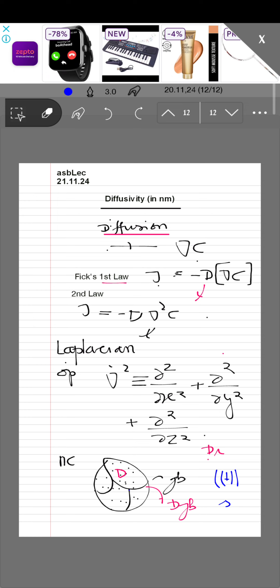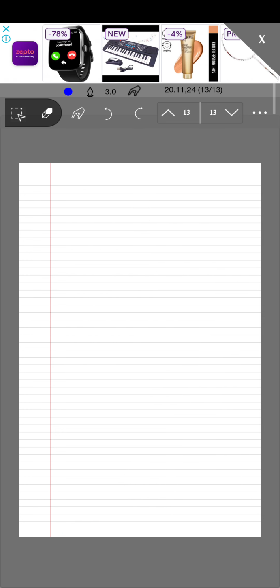There are triple junctions and quadruple junctions. So there can be diffusional paths through the defects. Now these paths are much easier paths for the atoms to travel as compared to the lattice. This is mainly due to the fact that when there is a movement of atom from one region to another due to a concentration gradient, this movement requires breaking and forming of bonds.